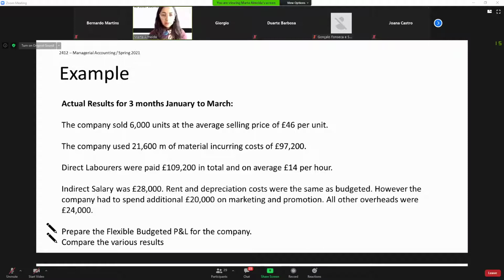Yeah, we have some exercises, I think more than one, where we had to calculate the break-even point with the selling price and the variable costs, and we had variable costs equal to 10 euros, for example.